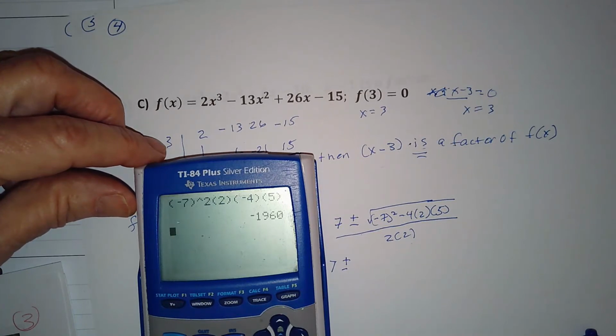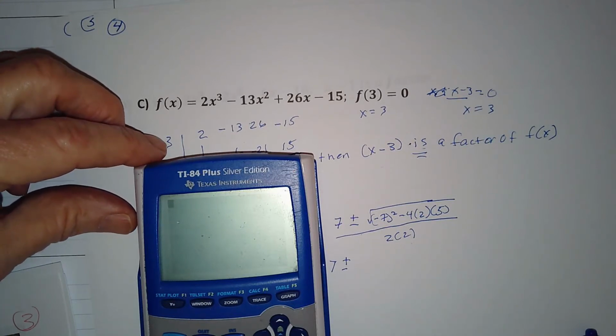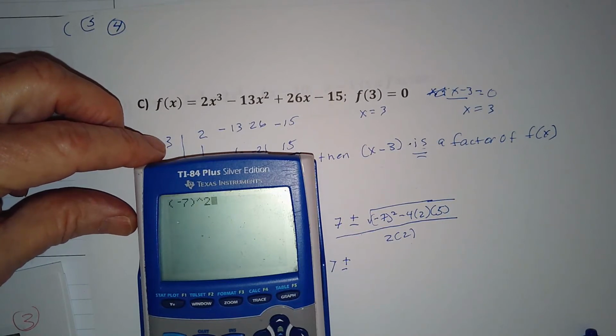So let's try that again. Let's clear this. So I've got parentheses, negative 7 squared. And then, oh, I know, parentheses negative 4.